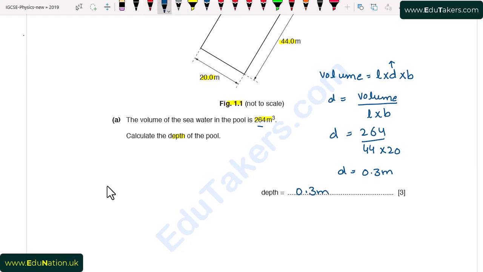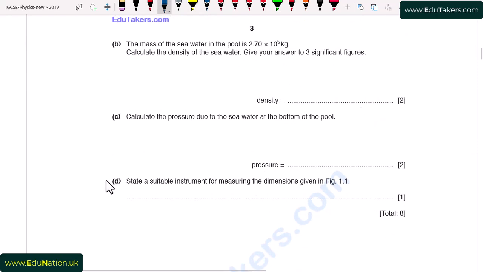Next part B. The mass of seawater in the pool is 2.70 into 10 to the power 5 kg. Calculate the density of the seawater. Here we have to calculate the density. Give your answer to three significant figures. Here we know that density is equal to mass per unit volume.